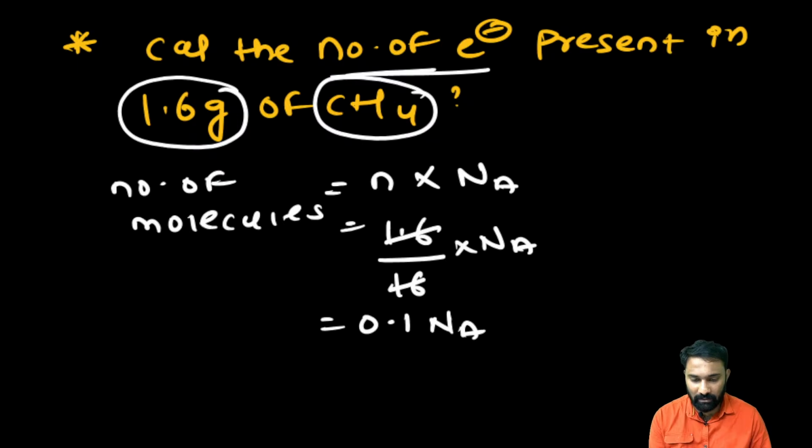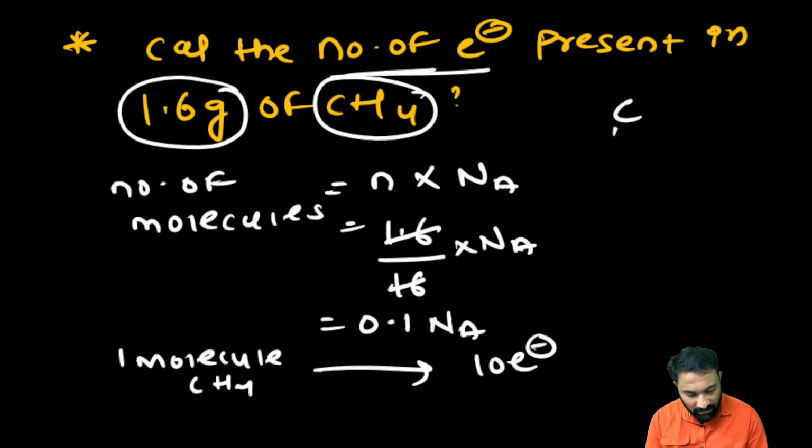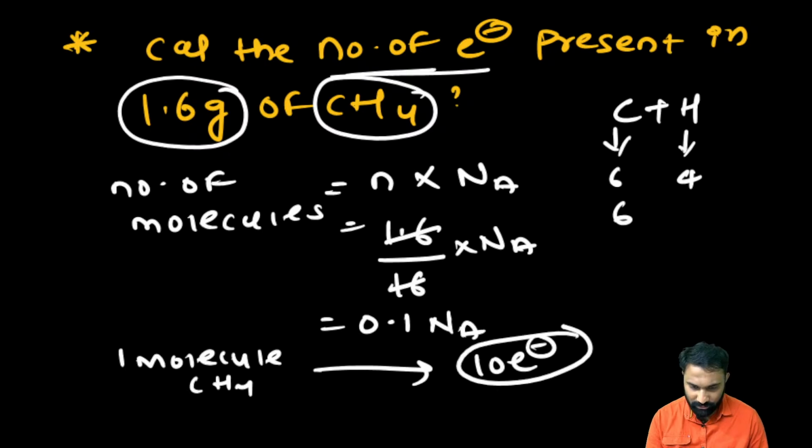0.1 Na molecules means one molecule of CH4 will have how many? 10 electrons. How? Carbon atomic number is 6, so the number of electrons is 6. Hydrogen atomic number is 1, so 4 hydrogens give 4 electrons. Total, one molecule of CH4 contains 10 electrons.